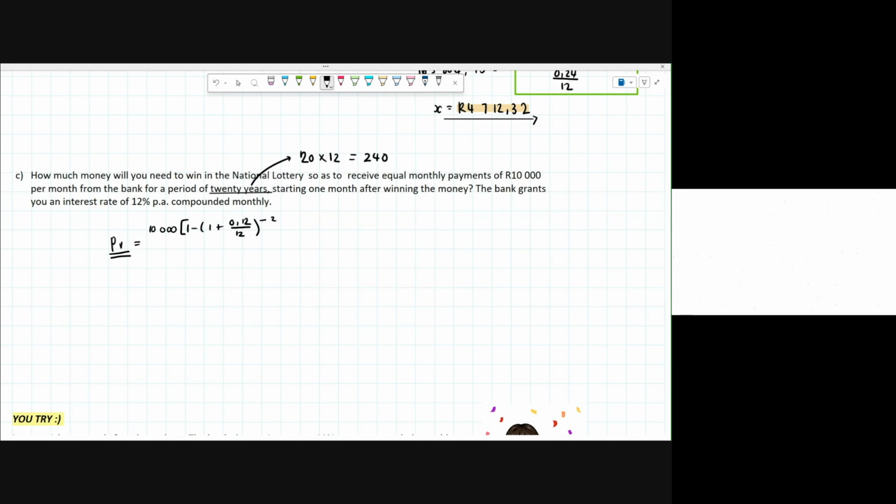So to the power negative 240, all over our I value. And so we can go back to what we needed to initially win so that we can have that taken out every single month, 10,000 Rand for 20 years, and we get just shy of R1,000,000. Wouldn't that be nice?